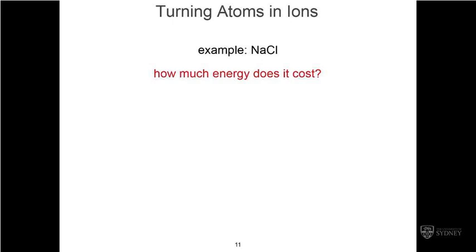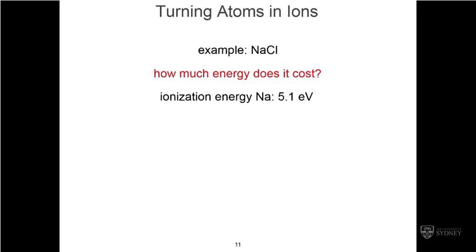But how much energy does it cost? You start off with a sodium atom and a chlorine atom. First of all, you have to ionize the sodium. You've got to pull that electron off it, and that's called the ionization energy, which is 5.1 eV. So we're taking that electron off the sodium atom. It doesn't really like it that much, but it's not such a high value.